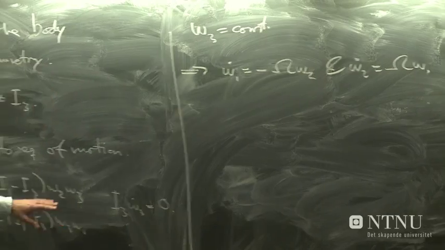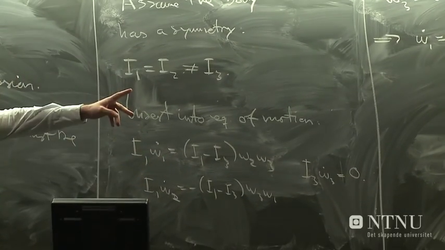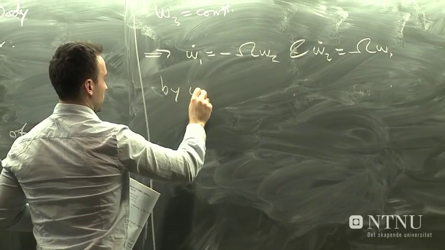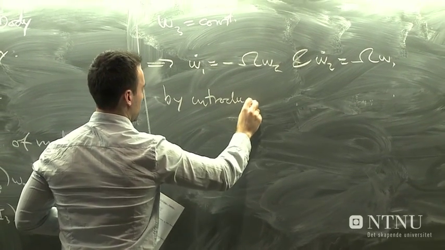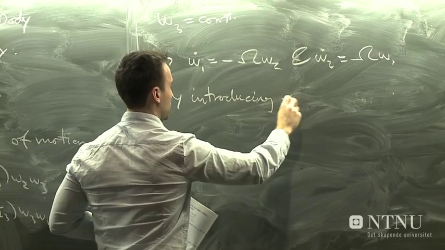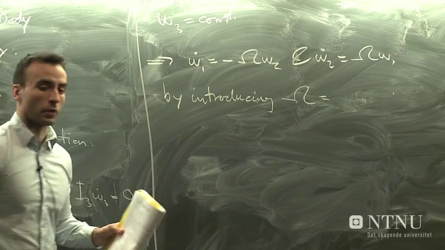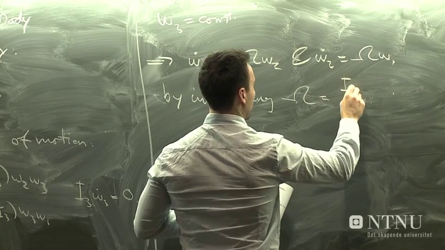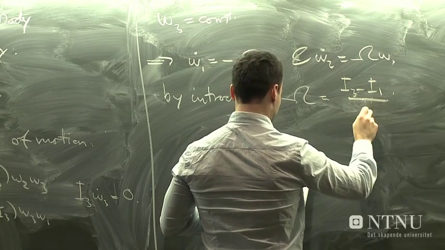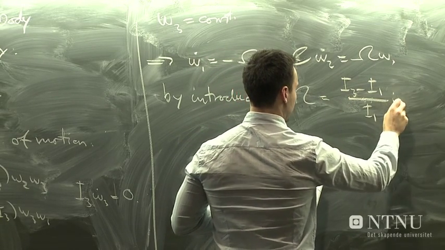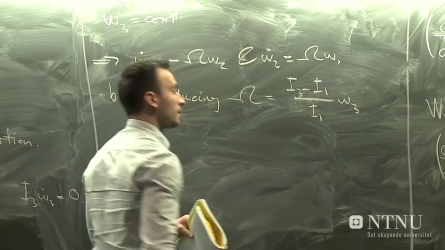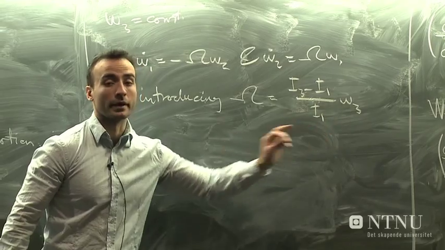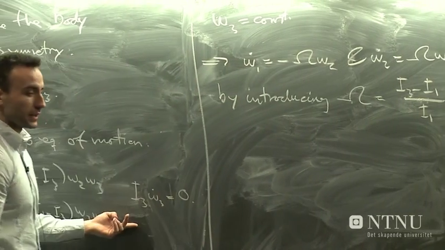In fact, we can write these two equations in the following way, by introducing this quantity large omega, like this, which is a constant because omega 3 we know is a constant due to this equation of motion.